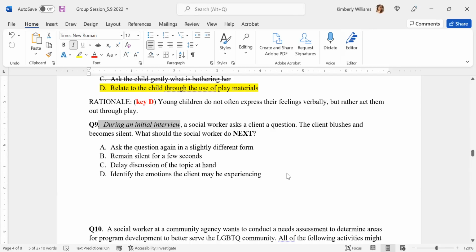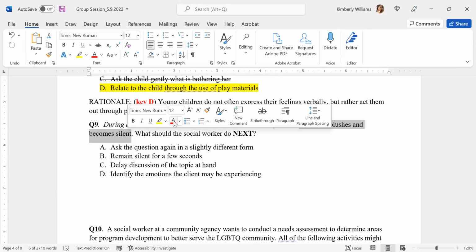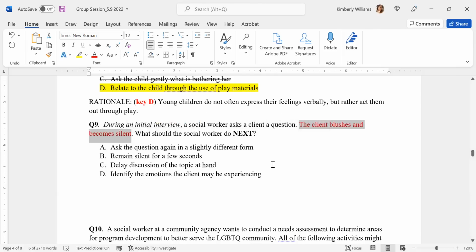What is the problem here, or the client issue of concern? Blushes and becomes silent. What should the social worker do next?